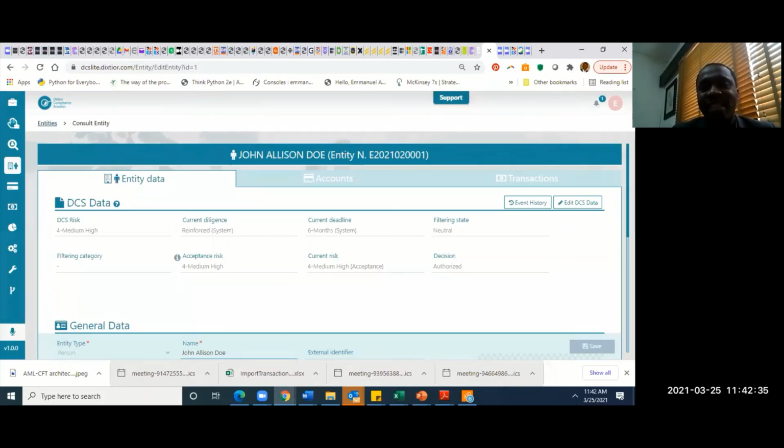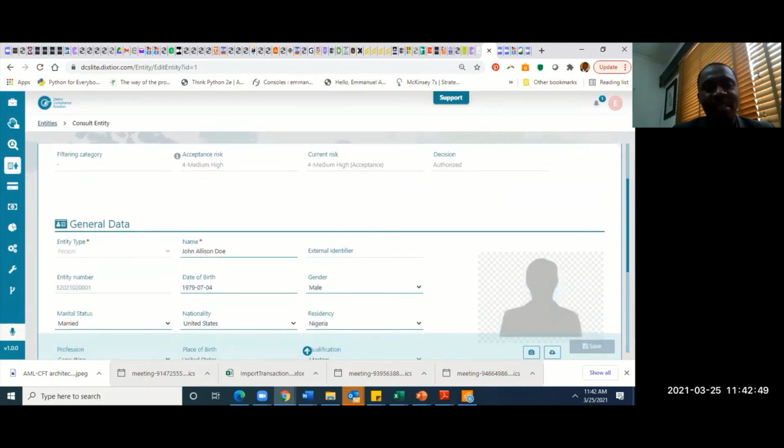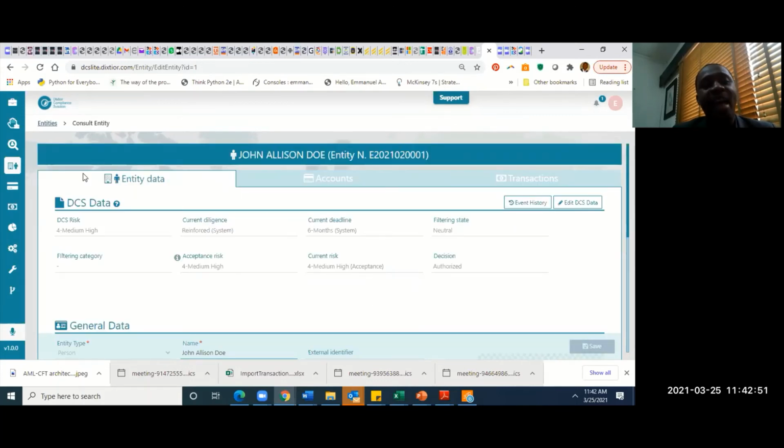It can then flag that entity depending on its risk rating. Here the entity has been flagged, and a case has been created with regards to that entity.